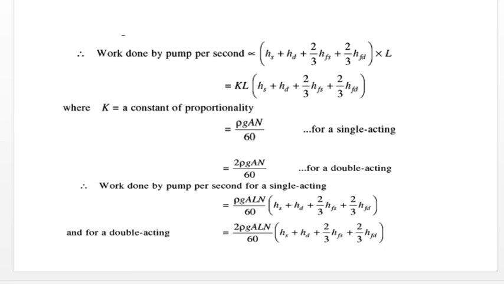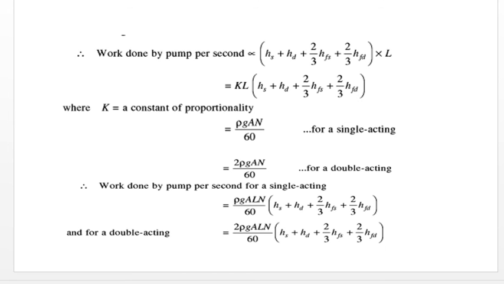We all know that the work done by the pump in case of a single acting reciprocating pump is rho g A L N by 60, and for double acting it will be 2 times rho g A L N by 60. So the work done by the pump per second for a single acting pump will be rho g A L N by 60 into this height. This is the work done per second for a single acting pump under the effect of acceleration and friction.